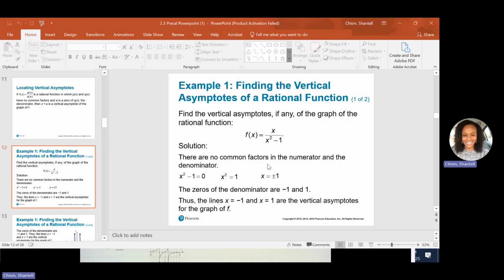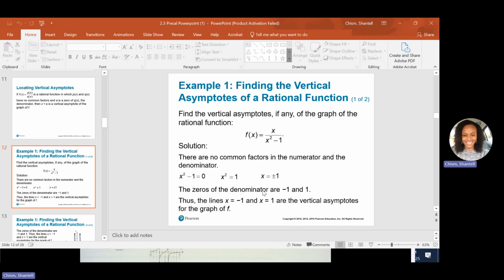Because there are no common factors in the numerator or denominator, we go straight into looking at the denominator and solving it by setting it equal to 0. So x squared minus 1 equals 0. We take the 1 over to the right-hand side. That gives us x squared equals 1. Then we apply the square root property, which gives us x equals plus or minus 1.